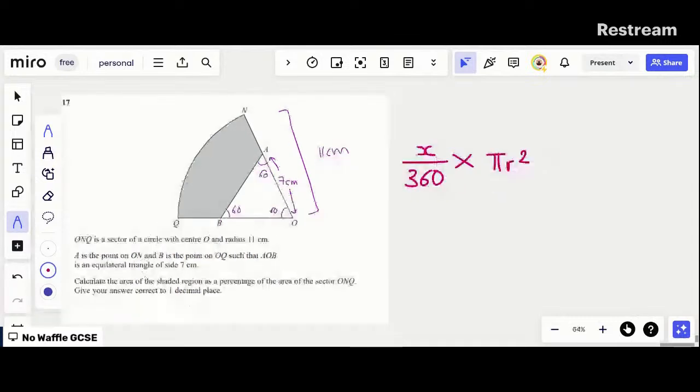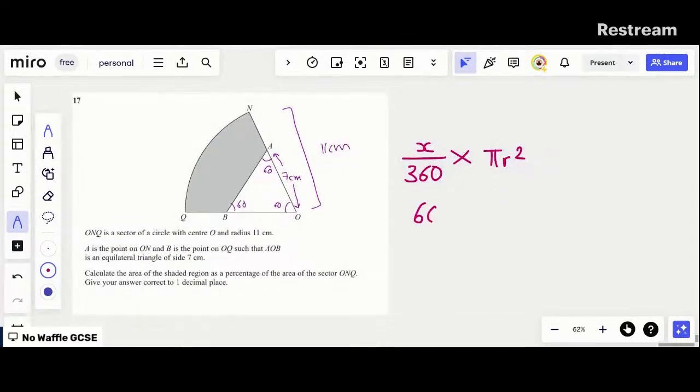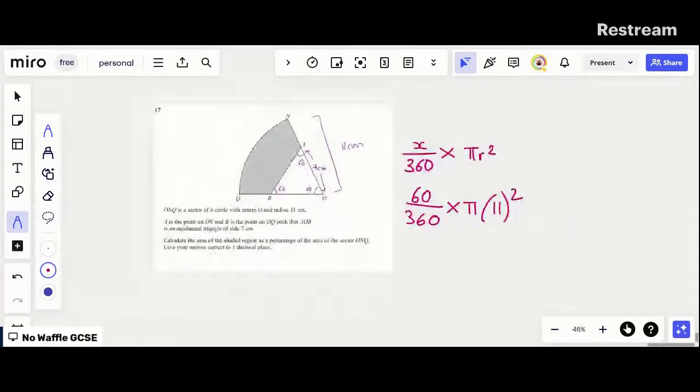So plugging the values in, our angle is 60 degrees over 360 multiplied by pi, and then the radius is 11 squared. So that's the area of the entire thing. To find the shaded area, you will then do that minus the area of the triangle. And to find the area of the triangle, we know our area is half ab sine C. That's a useful equation to do.